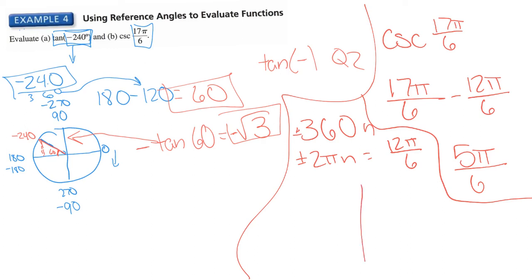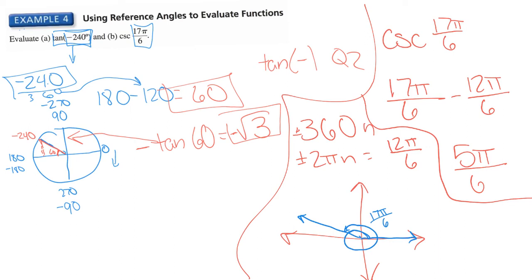So I'm going to draw it out so you get that visual. Our initial side, and then 5 pi over 6 is right about there. Now 5 pi over 6, that's what we are saying is coterminal to a whole extra rotation around. That second rotation is 17 pi over 6, and that's what we are working with.